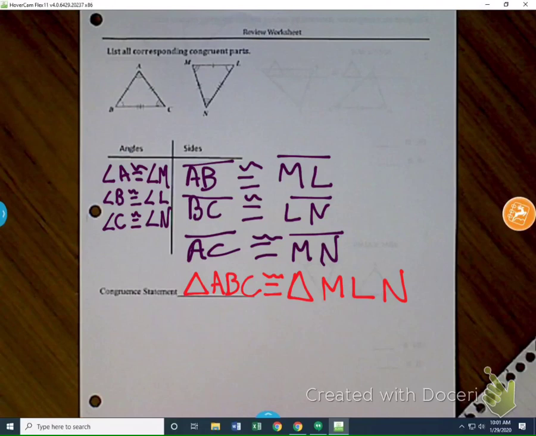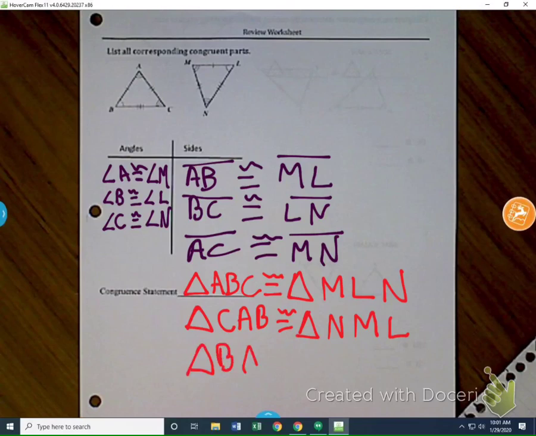Or you could have had triangle CAB is congruent to triangle NML. Or you could have had, wait, is that right? Yeah. Or triangle BAC is congruent to triangle LMN.